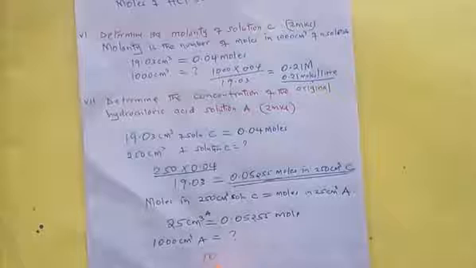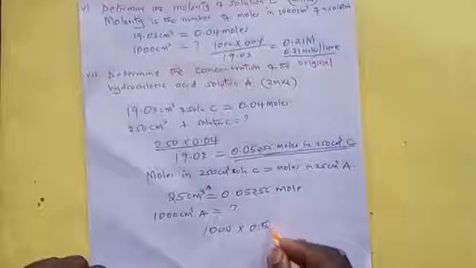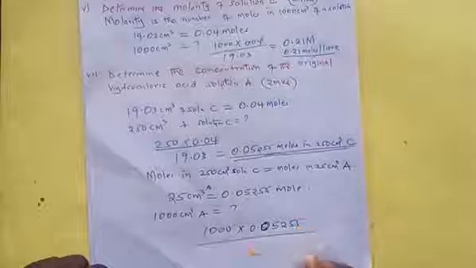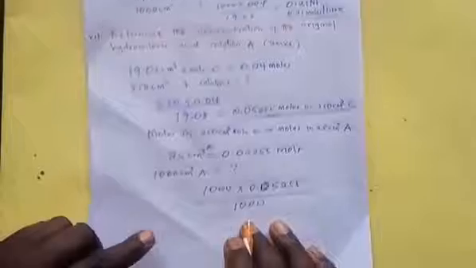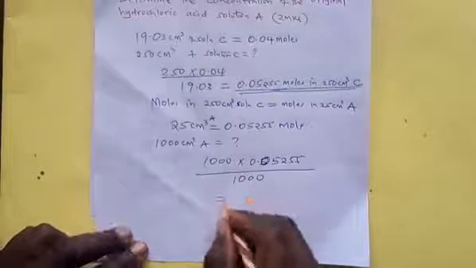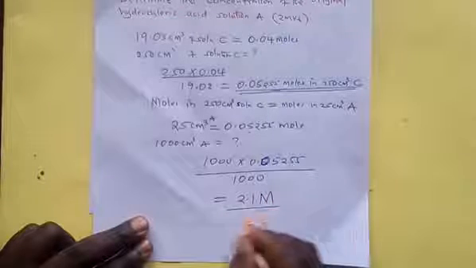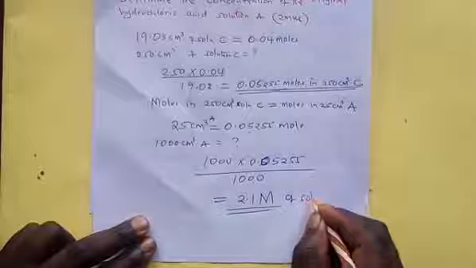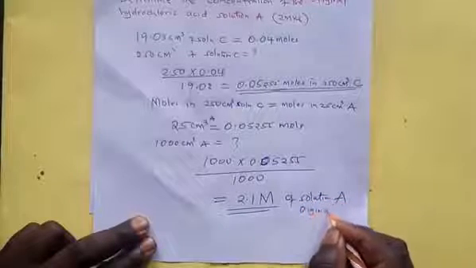So that is 1,000 times 0.05255 divided by 25, which will give us 2.1 capital M. So this is the concentration of solution A, the original HCl.